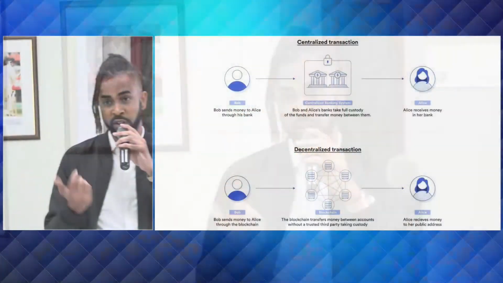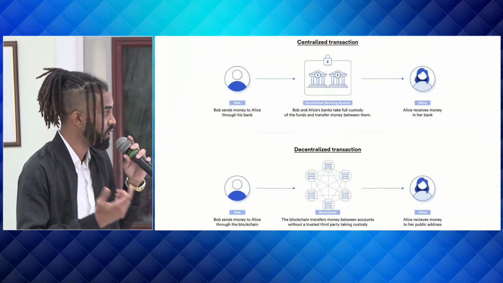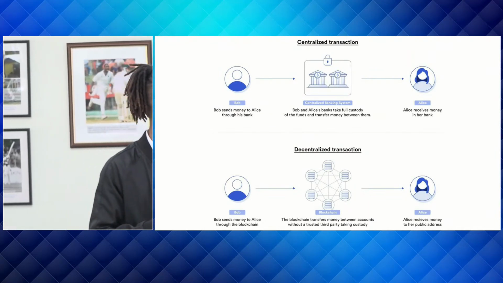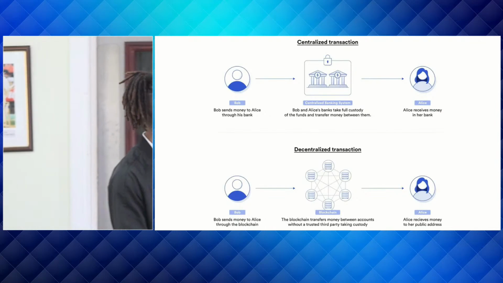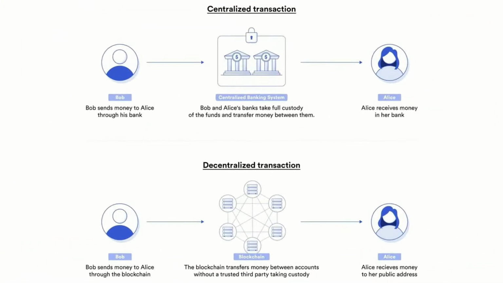Coming back to cybersecurity, we need to minimize single points of failure. And this is where the decentralized ecosystem of blockchain, of networks and nodes contributes. Underneath, we have an example using the actual ecosystem where Bob will send money to Alice through blockchain.